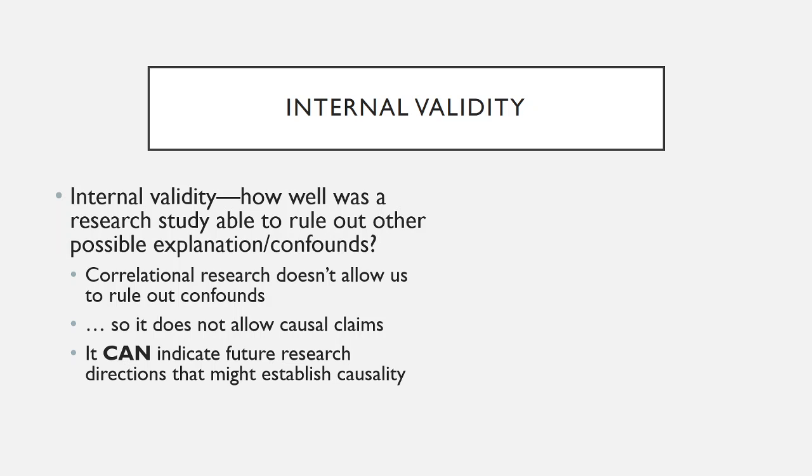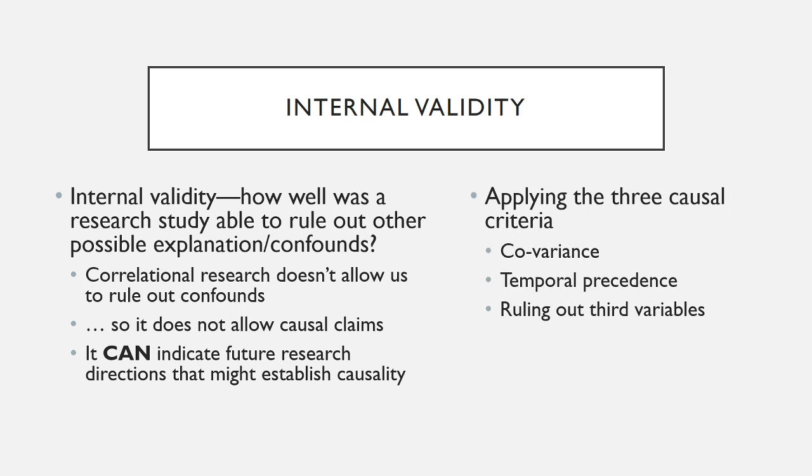But correlational research does provide a great place to start for trying to figure out future directions to look for causality, because it can help us establish some of the criteria for making a causal claim. The three criteria that help one make a causal claim, which come from your more rigorous experimental paradigms, are, first, covariance.